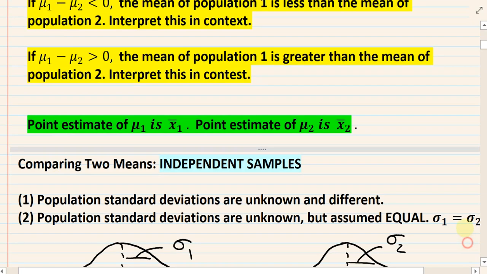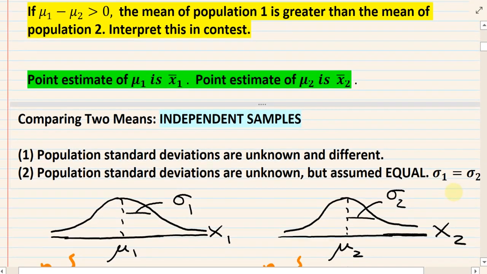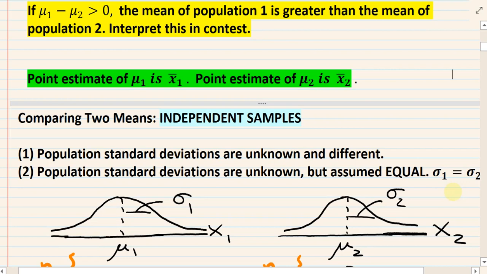So here what I've done is I've drawn a conceptual drawing of how things are shaping up. The two normal distributions that you're looking at are, let's say, the distribution of the parent population, I should say. So I have the same random variable that I'm comparing in the two populations.